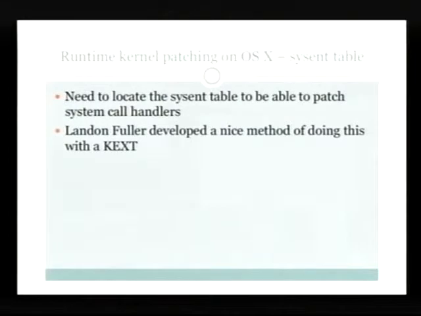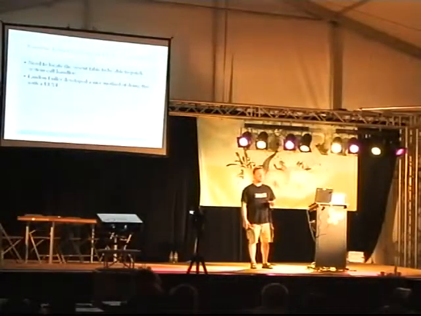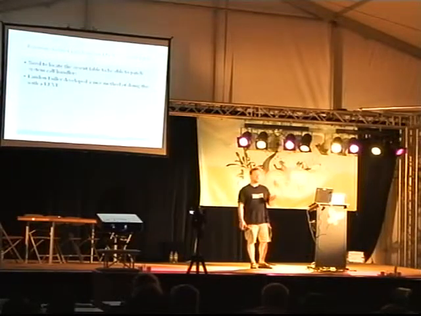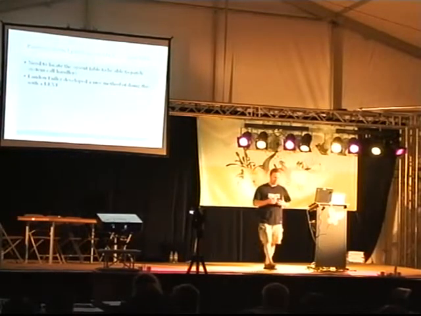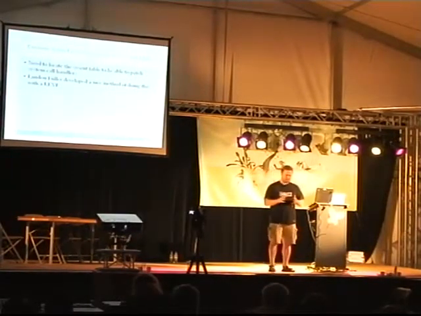Landon Fuller actually developed a really nice way of doing this for kernel extensions. When Mac OS X was at, I think, version 10.3, Nemo released his WeaponX kernel rootkit.